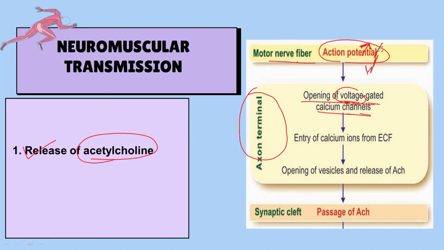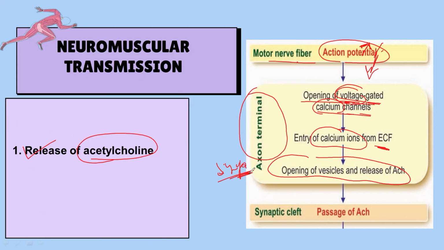When these channels open, there will be entry of calcium ions from the ECF through these channels, and this calcium is responsible for the opening of the synaptic vesicles which were present in the axon terminals.